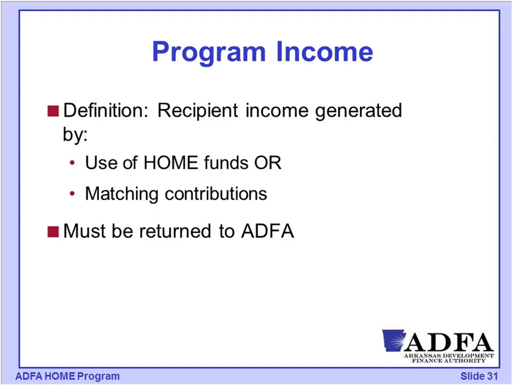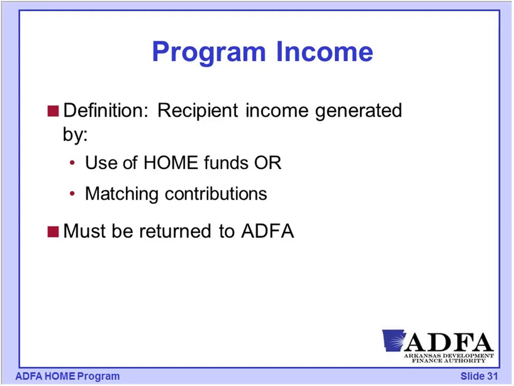An example would be if I have a HOME-funded project and I have in place a loan with the developer, those payments that are coming back from my HOME funds are going to be considered program income. For the Arkansas program, all program income is going to be returned to ADFA. ADFA is required by HUD to track and report their program income.